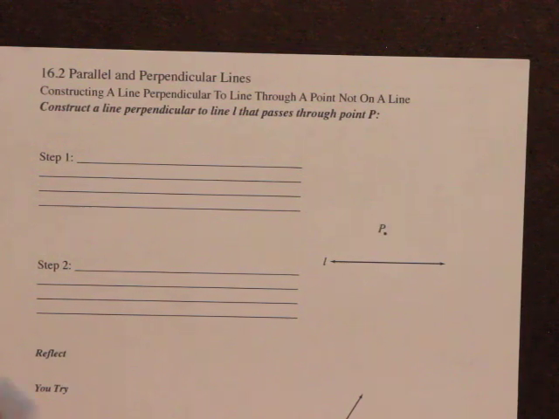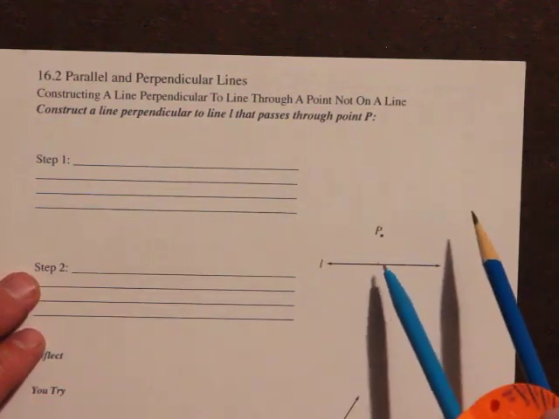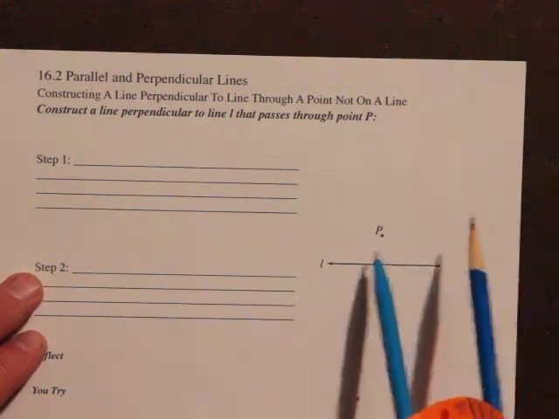So we are going to construct a line perpendicular to another line using a point that's not on the line.